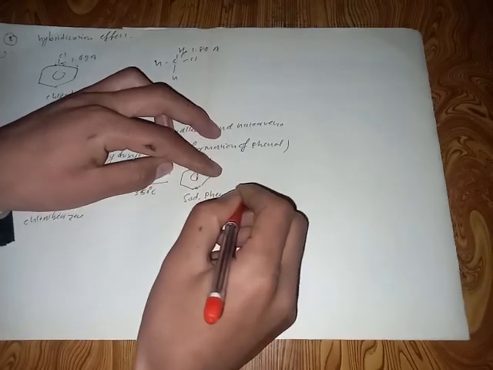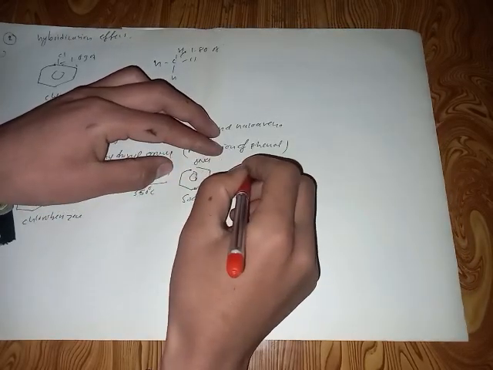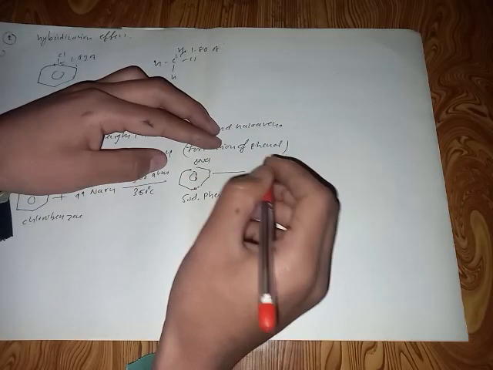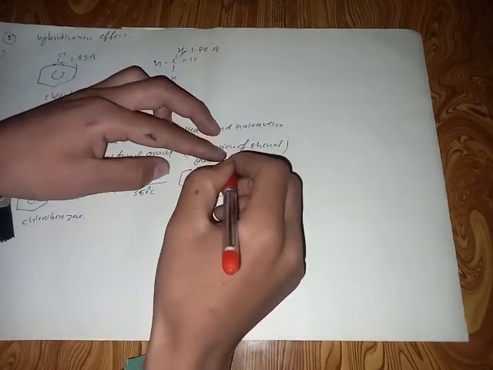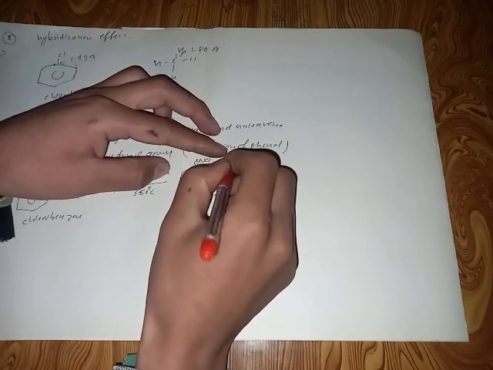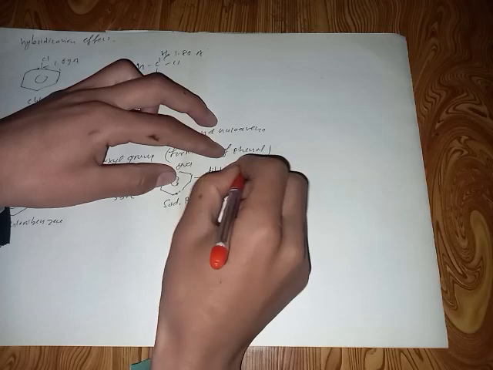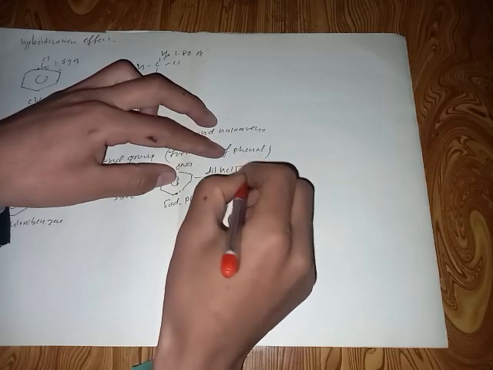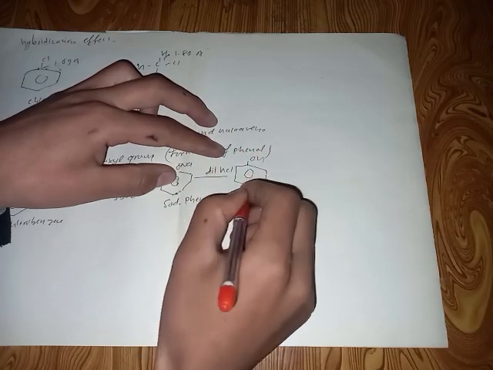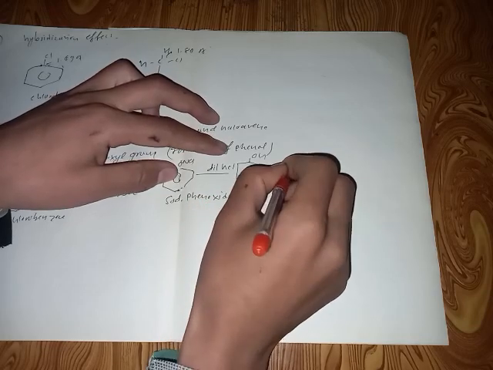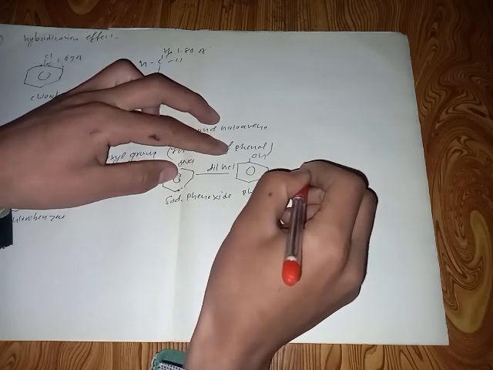Further acidification, meaning dilute HCl in acidic medium, gives the product phenol, and the side product is sodium chloride.